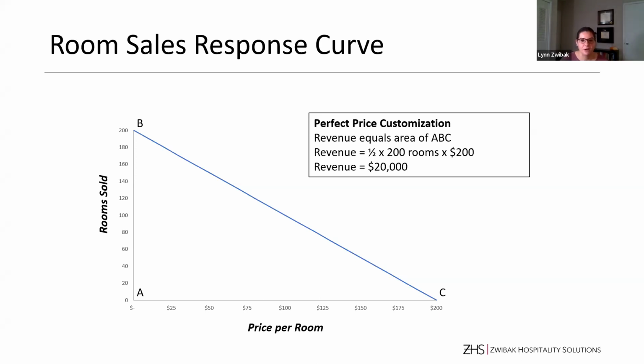It's a fictional scenario for $20,000 in revenue. So literally, we're selling 200 different rates to 200 different people. Now, unfortunately, that's not possible. We have to choose prices to offer to people and hope that they match up with what they're willing to pay.